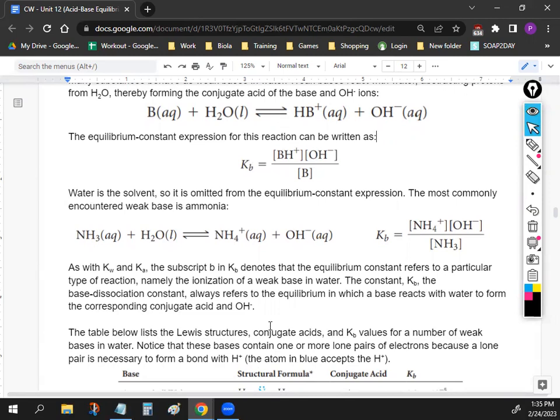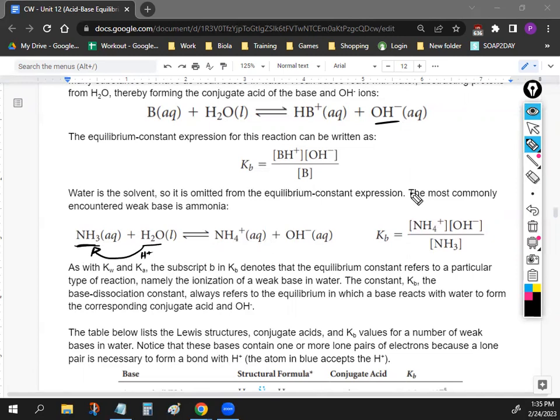The difference here is that bases are either going to release OH minus, or they're going to absorb an H plus. That's another way to think about it. A lot of bases release OH minus like this, but then examples like NH3 steal an H plus from water, and that's how it acts as a base.